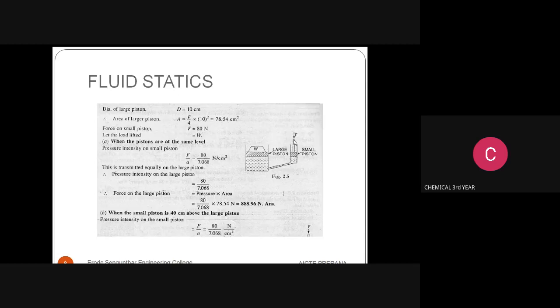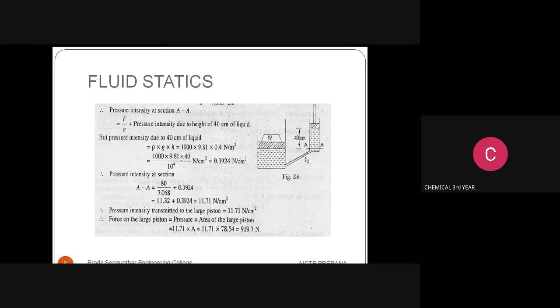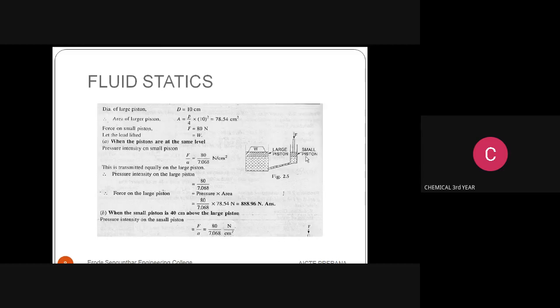On the small piston, 80 Newton force is applied. We need to find out the load lifted by the large piston when both the pistons are at the same level. In the second case, if the small piston is 40 centimeter above the large piston, what will be the load lifted by the large piston? That is what we have been asked in this problem.